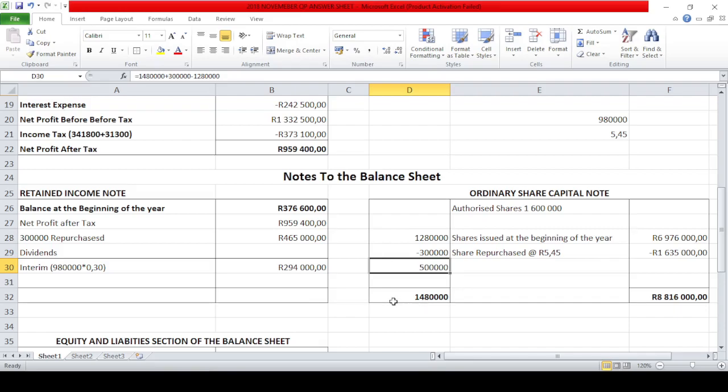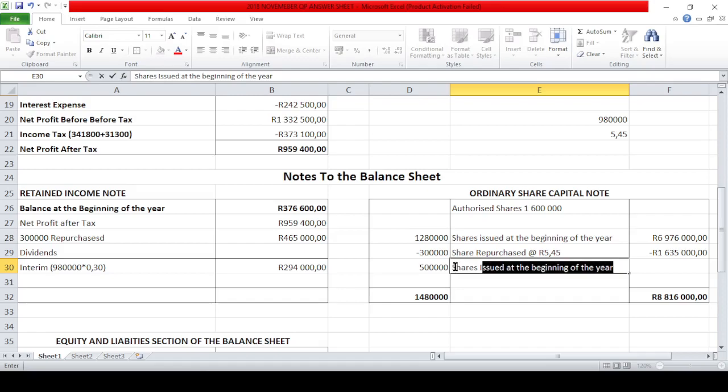It's the balance at the end plus the repurchases minus the balance at the beginning of the year.